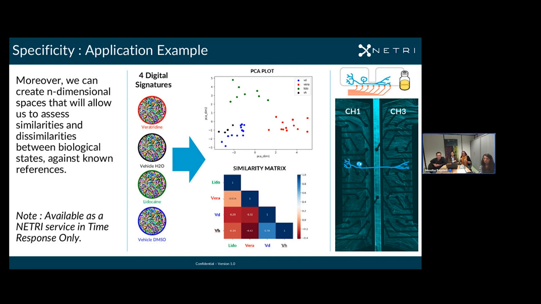And after running a PCA, principal component analysis, and Rania might correct me later, by removing some of the metrics that are correlated together, we can extract a matrix of similarity from that.